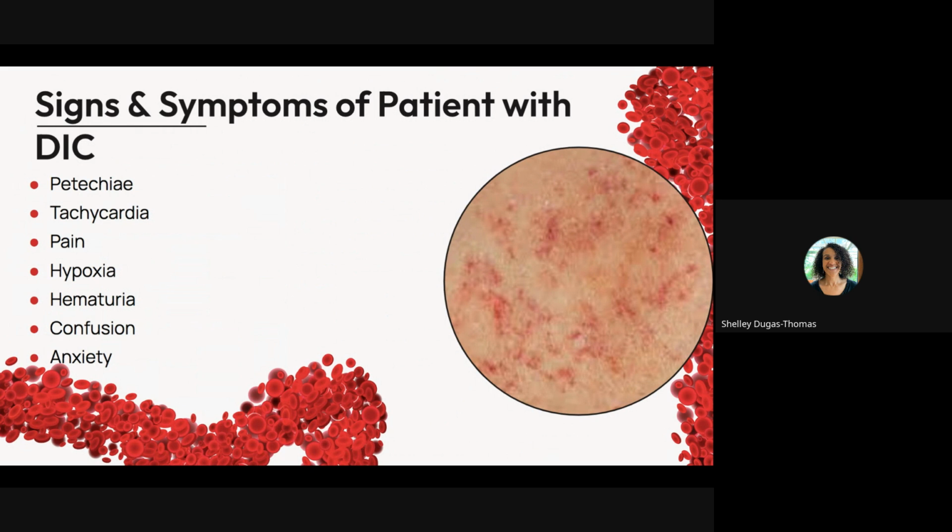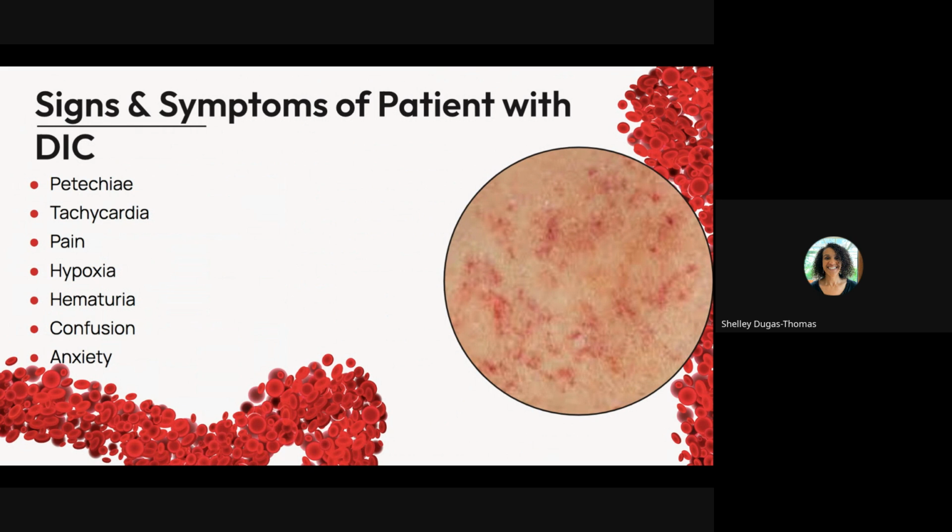So you'll have petechiae, tachycardia, pain, hypoxia, hematuria, confusion, and anxiety. So you have both increased bleeding and also clotting. And then you also have a need for blood.